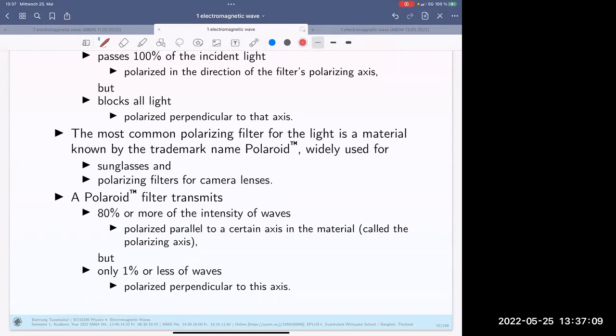It's widely used for sunglasses, and apart from that, it's also used in polarizing filters for camera lenses. I don't know whether you are interested in photography or not, but the polarizing filter is one of the filters for the professional cameraman.